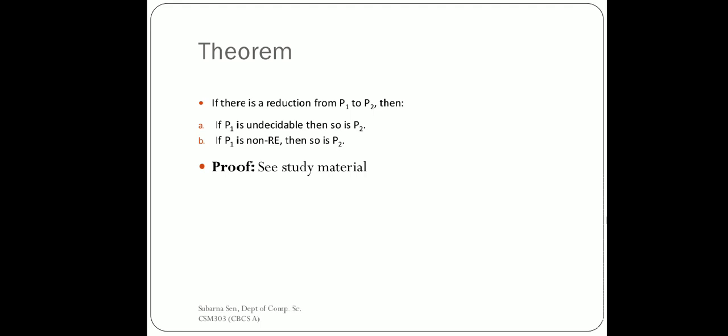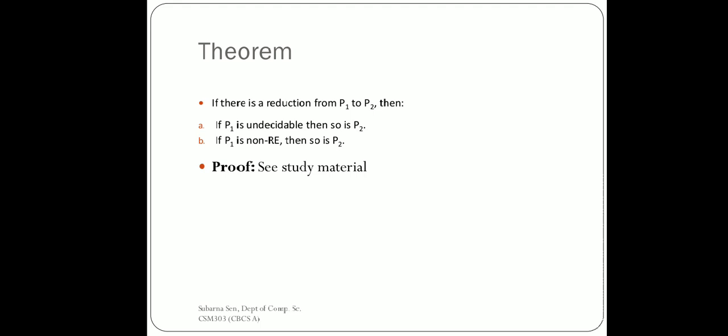Now why is P1 non-recursively enumerable? Because here we are coming to the conclusion that P1 is undecidable. That means my Turing machine is definitely going to halt. So this is definitely not a recursively enumerable language, because a recursively enumerable language does not guarantee halting always.